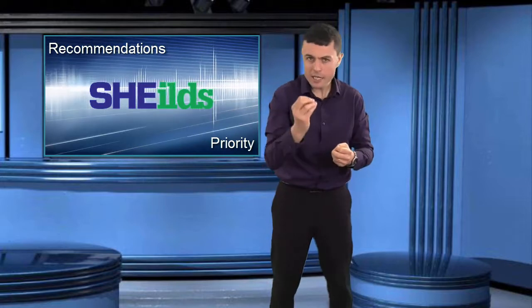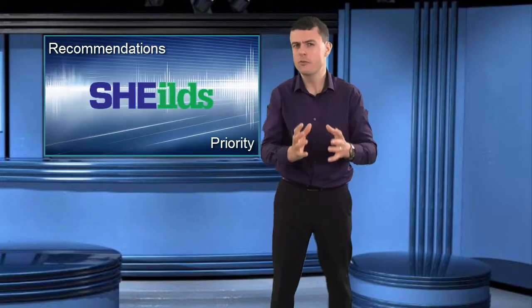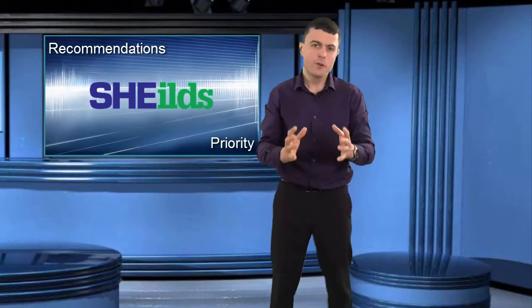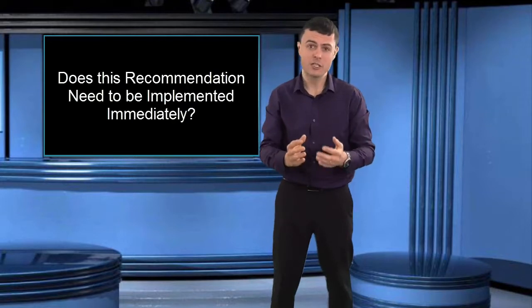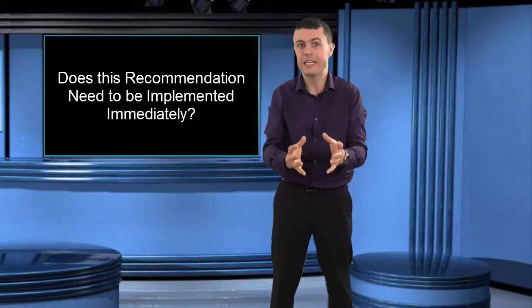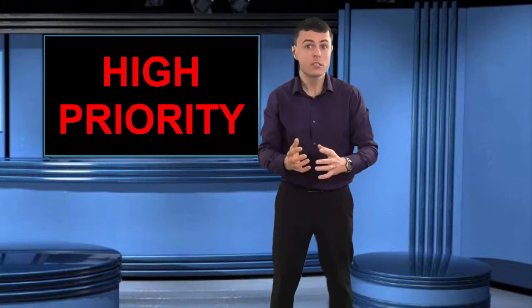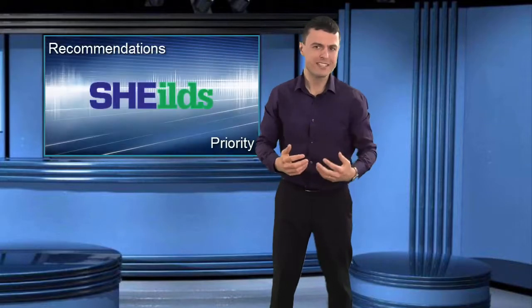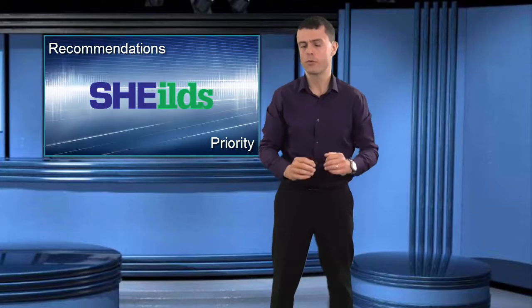Now, when deciding what priority a recommendation should take, I guess there are two things that you need to consider. Firstly, is there an imminent and serious risk to safety, and does this recommendation need to be implemented immediately, in which case it is a high priority recommendation. But some risks are not so imminent or not so serious, so maybe the recommendation can wait a little bit longer, and that might be a lower priority.